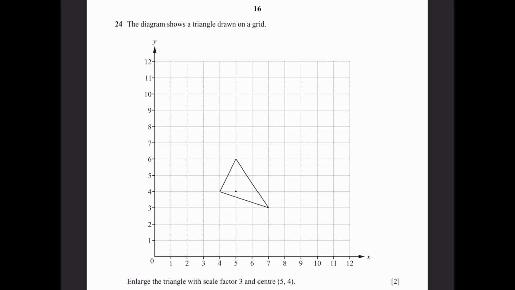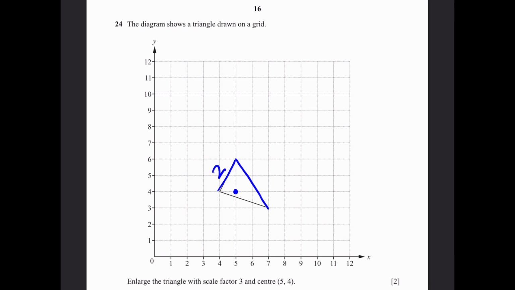Question 24. A diagram shows a triangle drawn on a grid. Enlarge the triangle with scale factor 3 and center (5, 4). Let's look at this triangle. The center of enlargement is (5, 4), which is this point right there. Now let's look at the lengths of the triangle. This is 2 units.